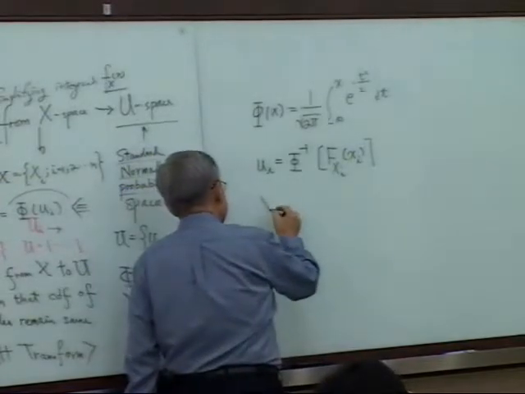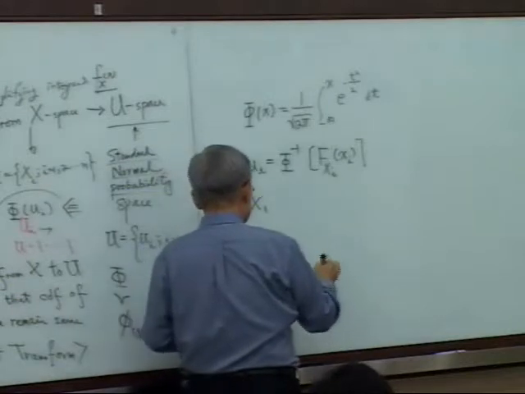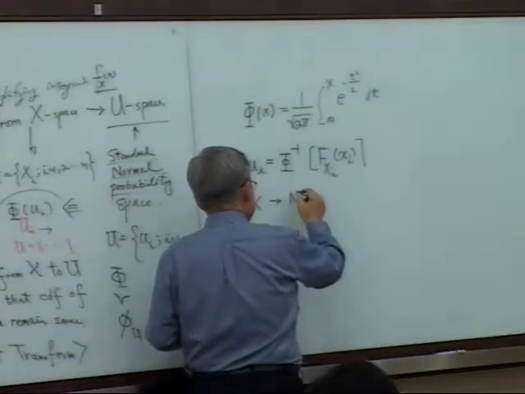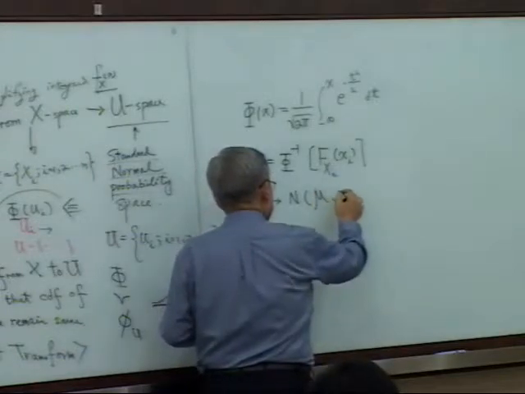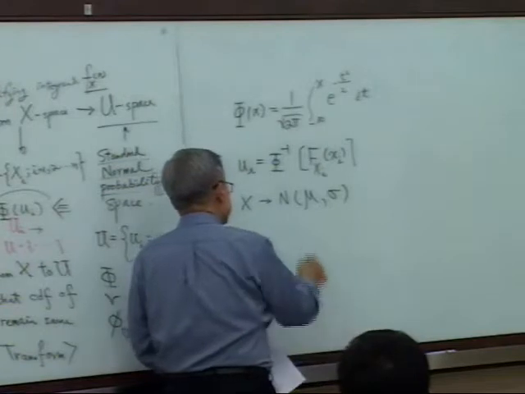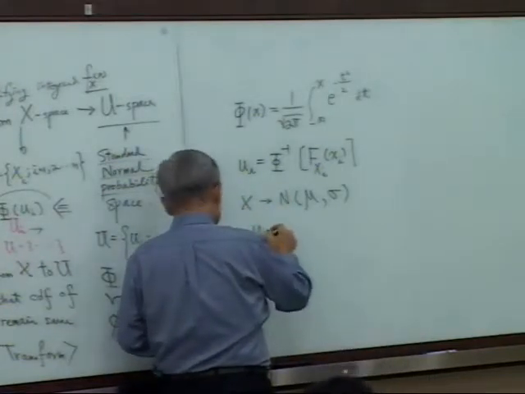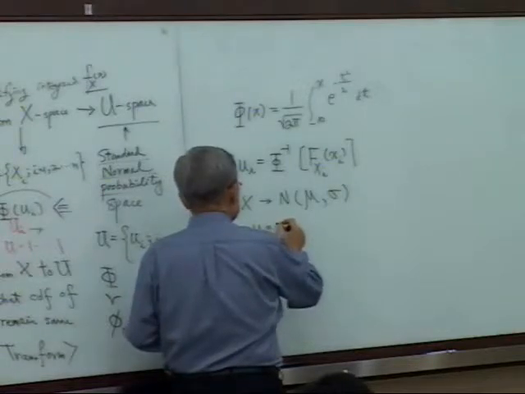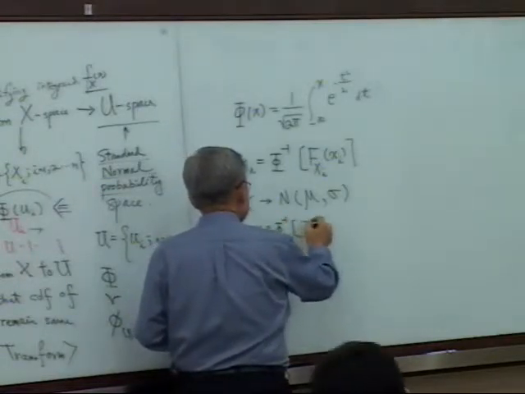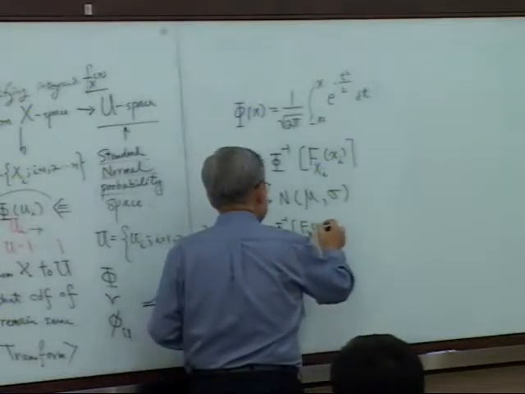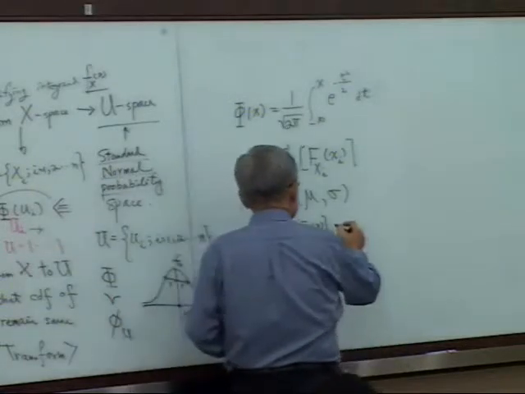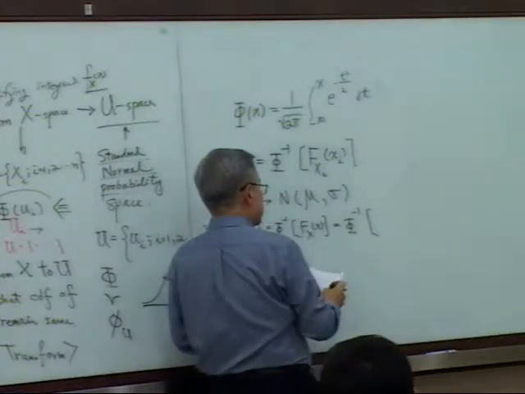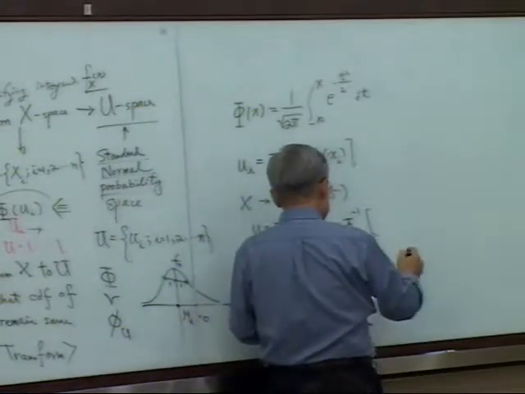For example, let's say x1. If x is a normally distributed variable with mean and standard deviation, then using the transformation here, I'm going to simply drop the i, to say u is equal to phi inverse of Fx, which is equal to phi inverse, and this is back to the Rosenblatt transformation, which is equal in both spaces for the CDF.